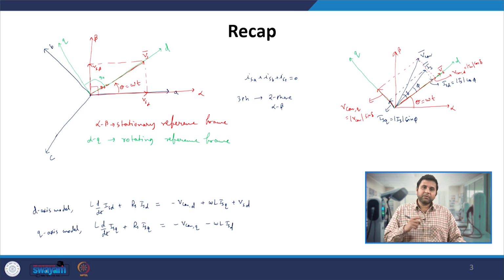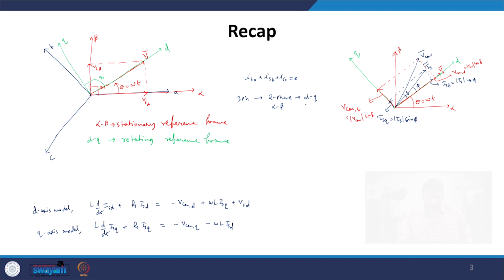So we moved from three phase quantities to two phase quantities in order to make them independent, and then from the two phase quantities we move to the DQ frame, which is the synchronous rotating frame, where we ensure that the D axis, or the direct axis, is aligned along the supply voltage space vector. The reason is that the supply voltages have minimal deviation, and we do not have any control over them.